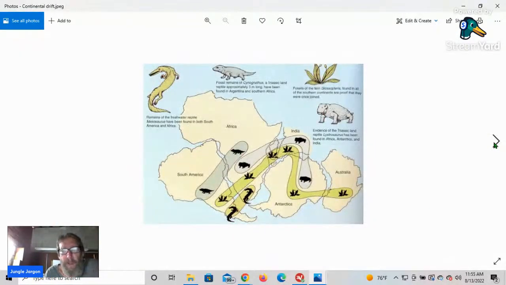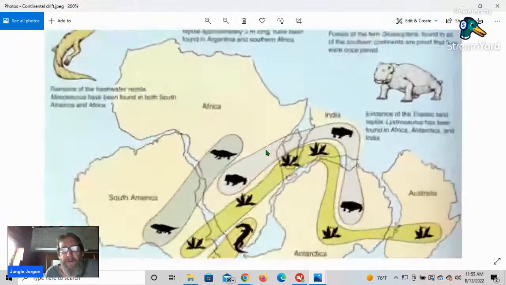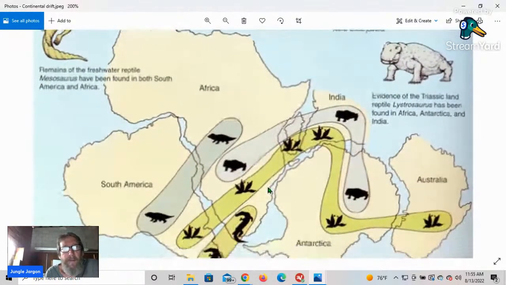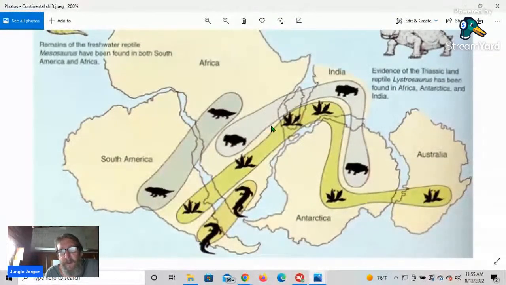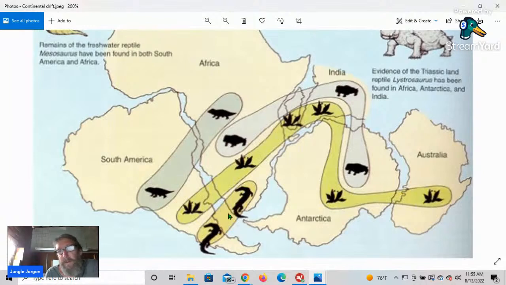So here's another picture of the same thing, to give you a good idea of the kinds of plant fossils that are connecting Australia, Antarctica, India, Africa, and South America in sediment layers.